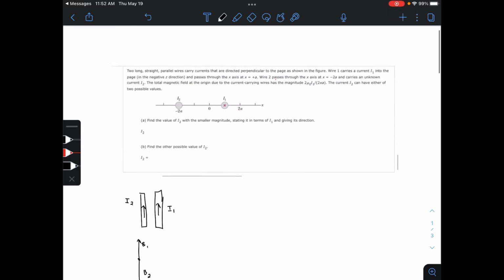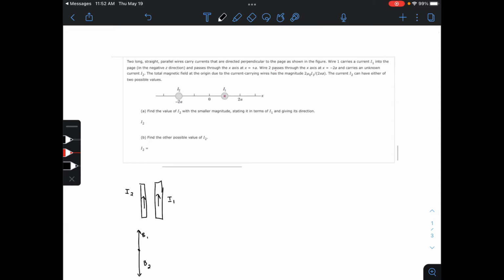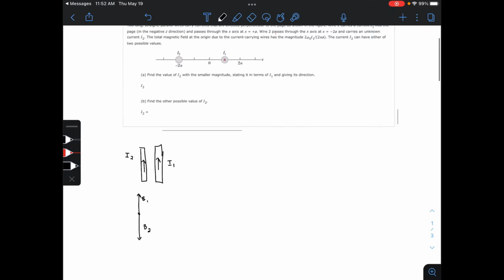Okay. Because we know that currents in the same direction repel each other. No, currents in the same direction attract each other. Currents in the opposite direction repel each other. Okay. And this would be our other case.